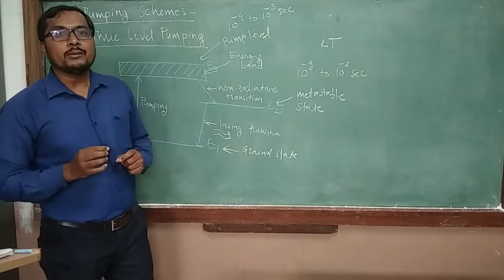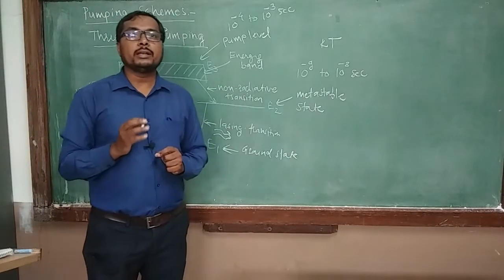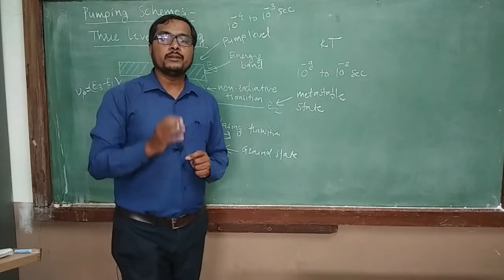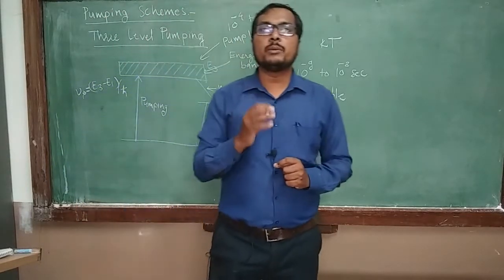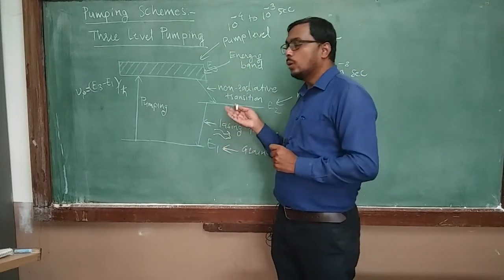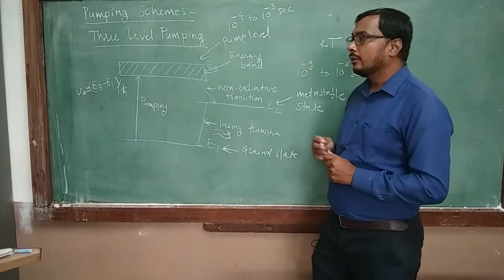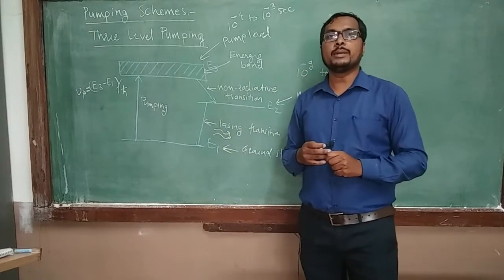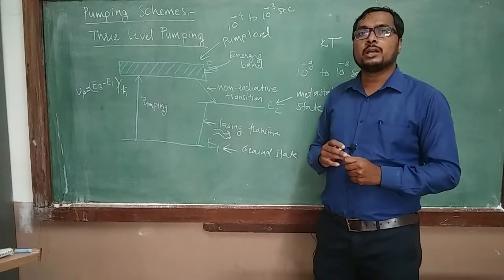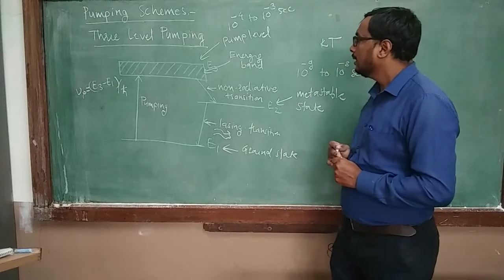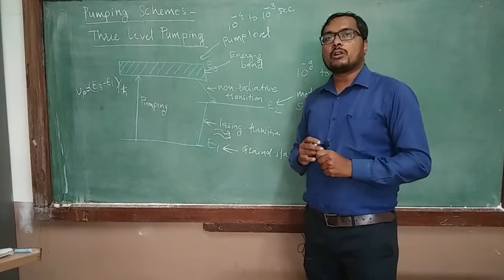So, the population inversion can be achieved only if more than half of the atoms are lifted or pumped to the level E2, and that can be done only if we have very high pumping power. That means in this process we require very large pumping power. So this is one of the drawbacks.